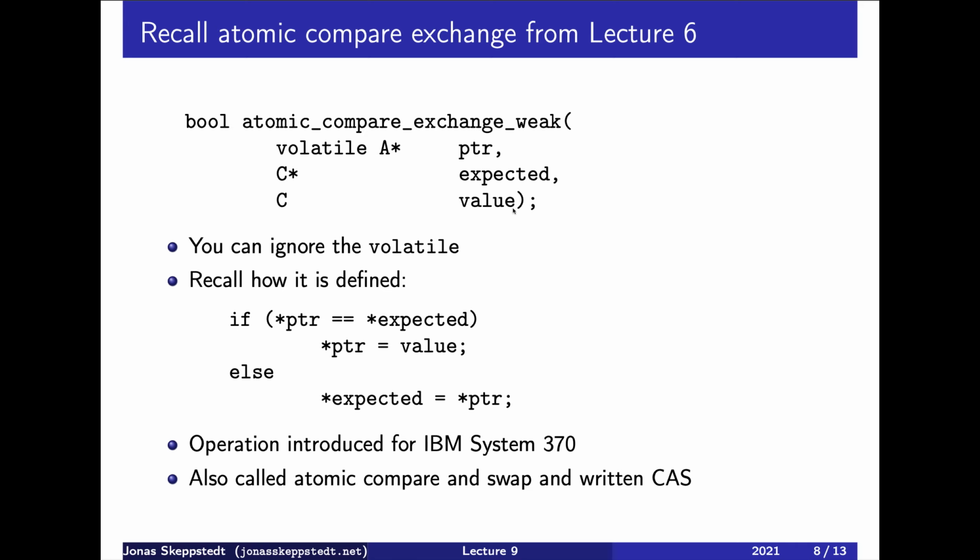Okay, and recall that this weak form may fail on some machines, which include POWER and ARM, and then they return false regardless of whether they were the same, and the expected is not modified, and you have to use this one in a loop. There is a strong form as well, which can be used without a loop, but it's usually slower.